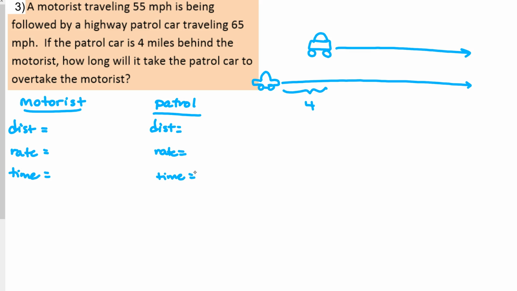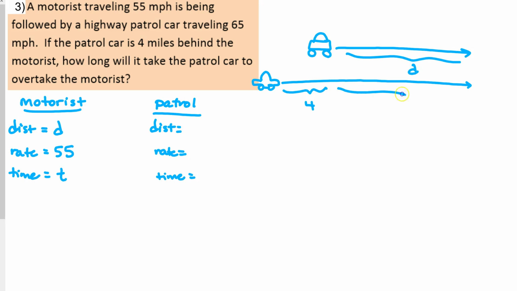Okay. How far does the motorist travel? We're not actually told in the problem, so let's call this distance D. What rate is the motorist traveling? 55 miles per hour. How long is the motorist traveling? We don't actually know, so let's call that T. Okay, what distance is the patrol car traveling?